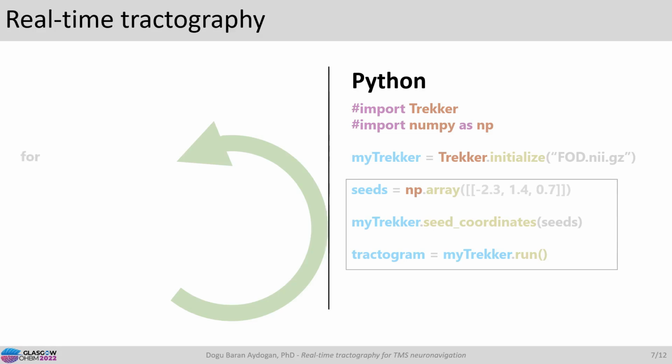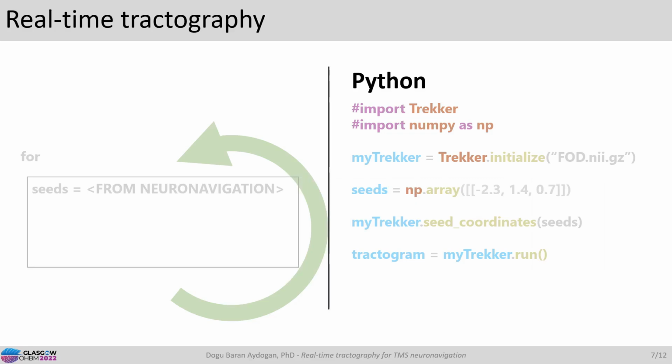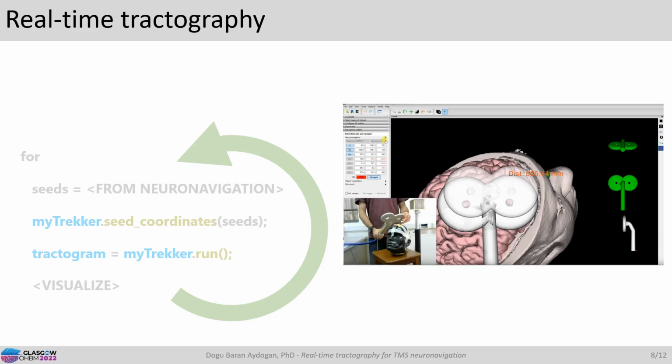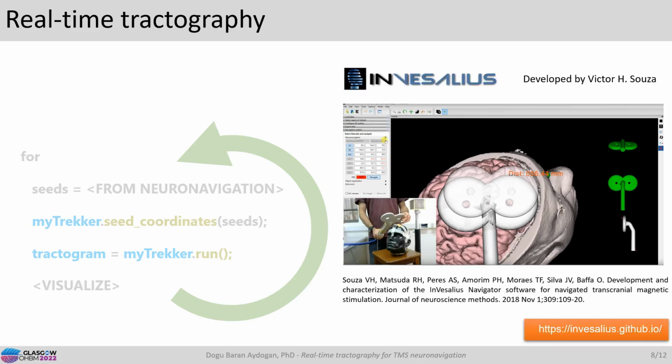Basically, we continuously receive new seed points based on the coil position, obtain connections, and visualize in an iterative fashion. And we are able to do this because we also have our own open source neuronavigation software called InVesalius, developed by our team member Victor Souza.